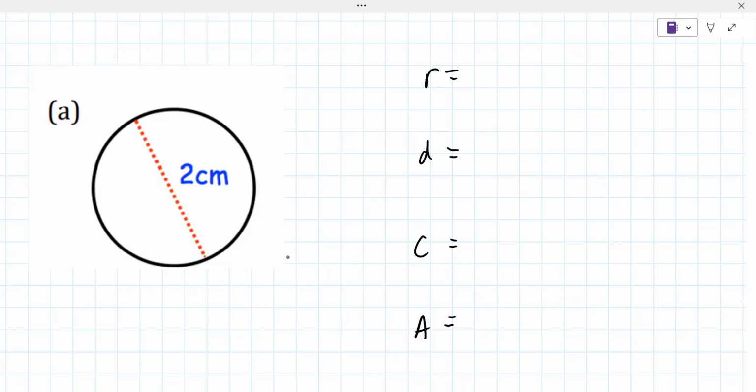So I got the radius is 2 centimeters, the diameter is 4 centimeters.